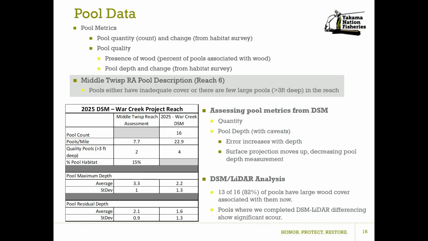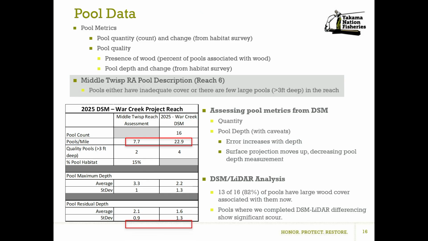But I also wanted to look at another metric, which is pool data. This slide has a whole bunch of words on it that it's just difficult to read, but the bottom line is that the reach assessment that was done in 2015 for this reach had 7.7 pools per mile. Using the DSM that we created, we've now increased that quantity to 22.9.